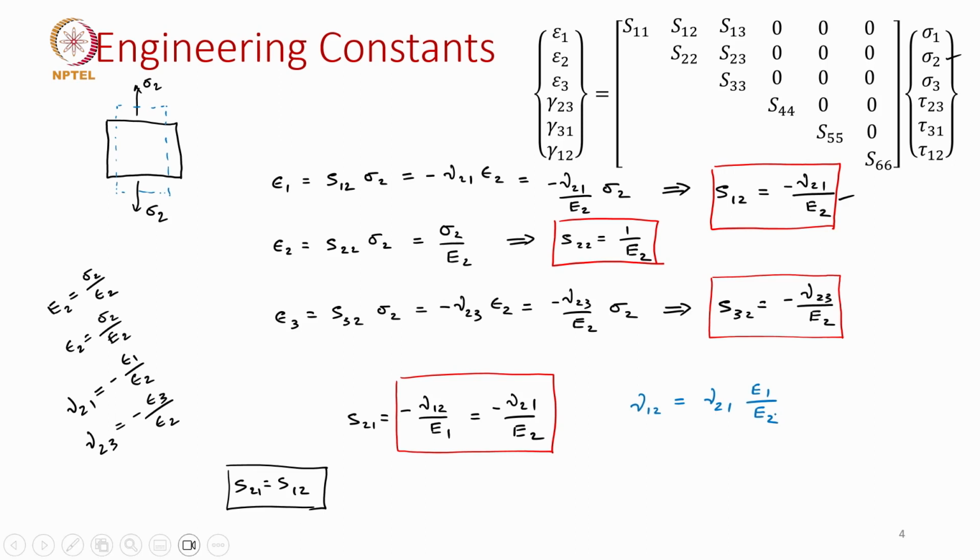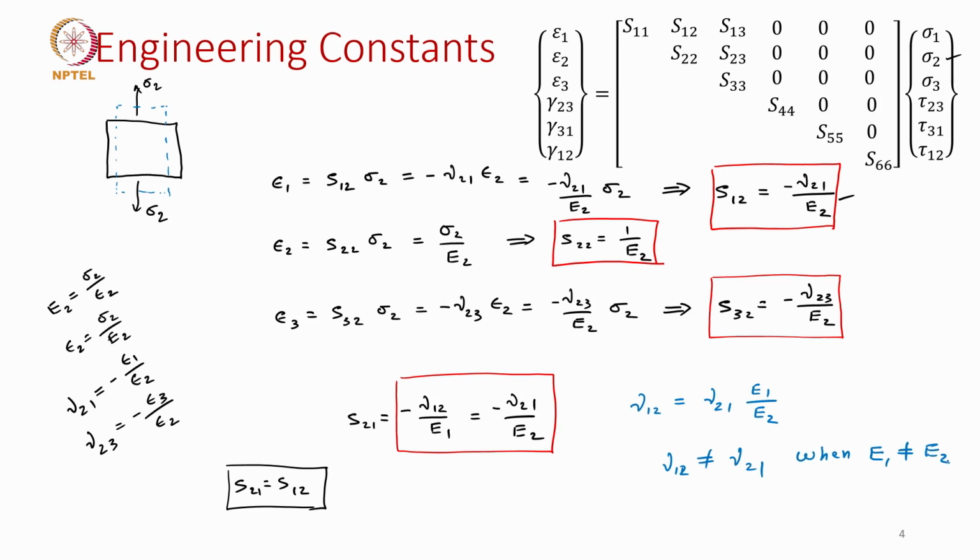So, usually when we are talking about isotropic materials, we do not bother to write the subscript, but when we are discussing orthotropic materials, the subscripts are very important, especially for the Poisson ratio, because this shows that nu12 is not equal to nu21, especially when E1 is not equal to E2.